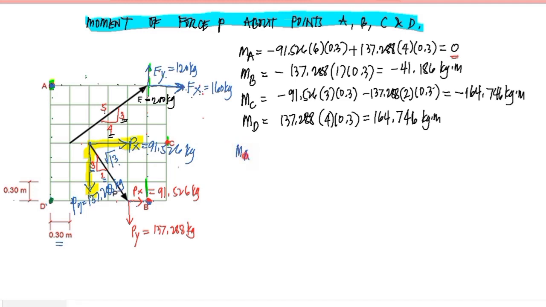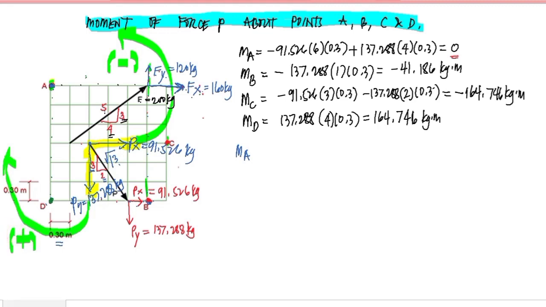So, for the moment at point A, as you can see here, with respect to point A, Px will rotate counterclockwise and it's negative. And the Py here will rotate clockwise and it's positive. Computing for the moment at A is equal to Px, so that's negative 91.526 multiplied by the perpendicular distance to point A. Since this is the line of action of Px, this is the perpendicular distance and it's 3 blocks.